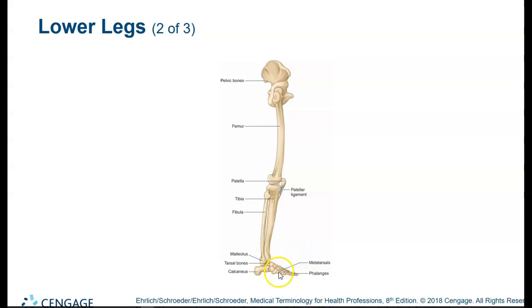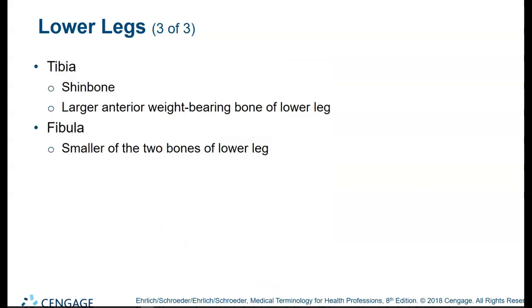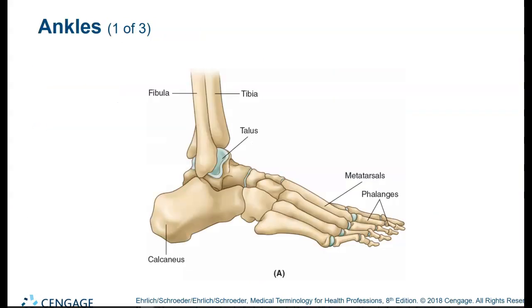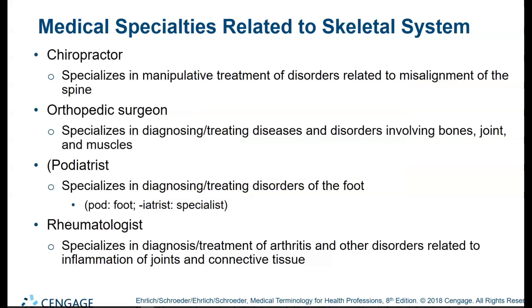This is the metatarsals. We have tarsals. Now, the calcaneus bone is our heel bone. Again, here's our calcaneus right here, that heel bone that can cause us so many problems.